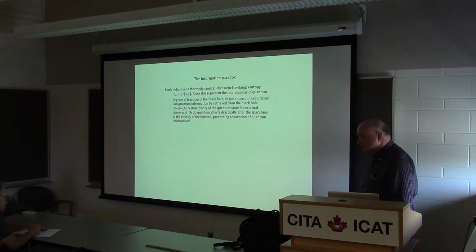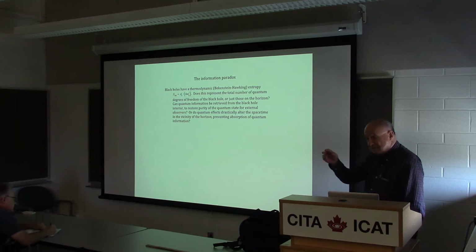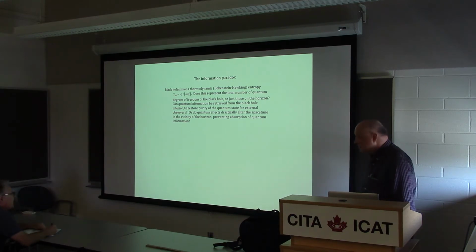Just those you can think of as being localized on the horizon, in which case it's very natural that the number of degrees of freedom should be the area divided by the Planck constant. Or is it really the total number of degrees of freedom associated with the black hole, including those that have fallen into the black hole at some time in the past.